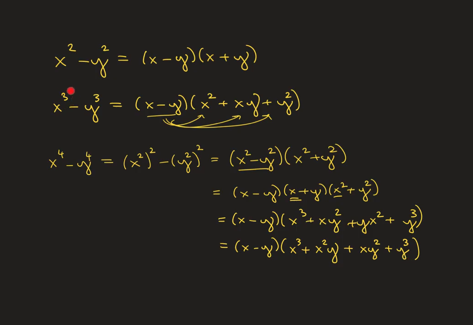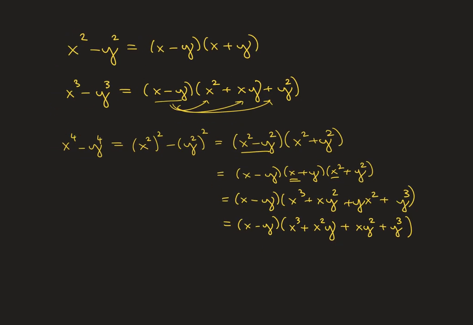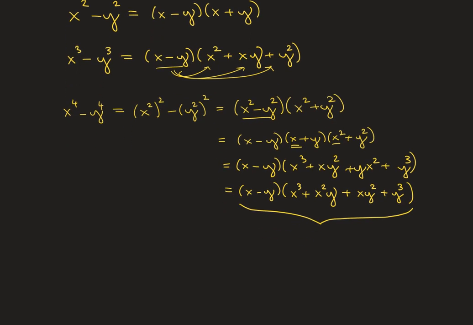We have a 3 right here, and there are 3 terms in this extra polynomial piece. This next time, I'm going to go backwards and make a guess for what x to the 5th minus y to the 5th is, based on this pattern that I've observed, and see if it works. So this might take a little bit, but let's just see.